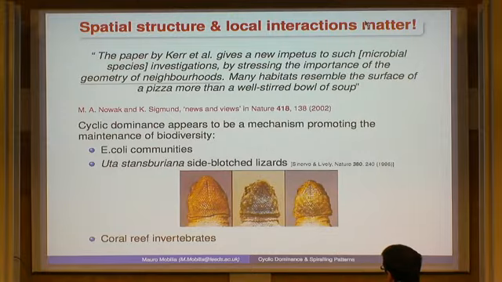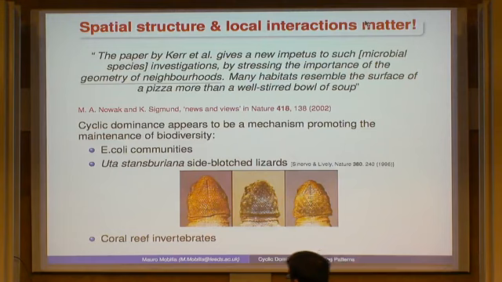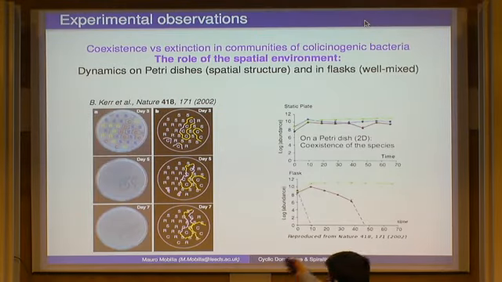And so they had this comparison. They said that many habitats resemble the surface of a pizza more than a bowl of soup, right? So this is more pizza than soup.